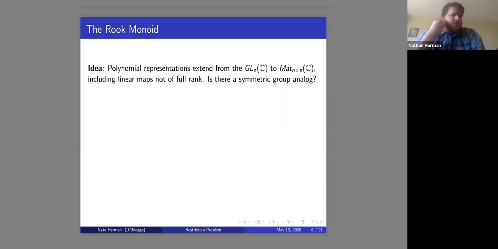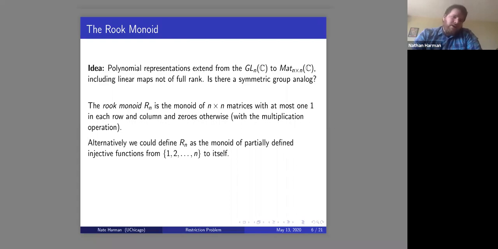So we have a representation of GL_n, but we can extend it to lower rank matrices as well. Then maybe the question to first consider is, what are lower rank permutation matrices? What is the analog of that? And that gives us exactly this rook monoid.